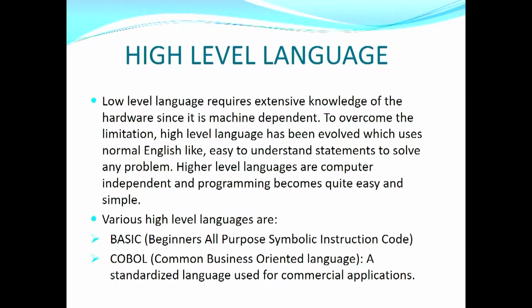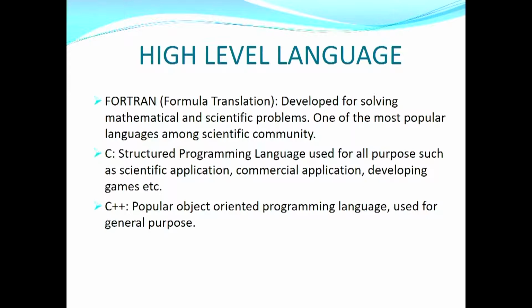Various high-level languages are BASIC, Beginners All-purpose Symbolic Instruction Code; COBOL, Common Business-Oriented Language, a standardized language used for commercial applications. Then we have Fortran, Formula Translation, developed for solving mathematical and scientific problems, one of the most popular languages amongst the scientific community.